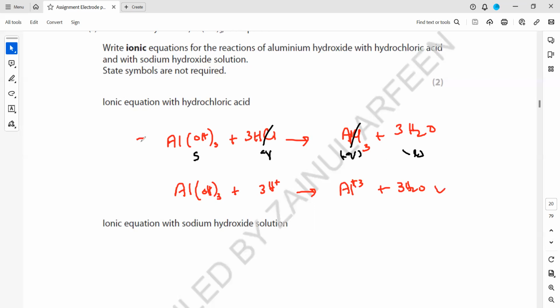The first equation I wrote just to explain the idea of what the ionic equation will be, because when acid reacts with an alkali, it will form salt and water. That's the first thing. The second one: I said aluminium hydroxide was acting like a base, so sorry, that was acting like a base. If it is acting like an acid, it means reacting with alkali.